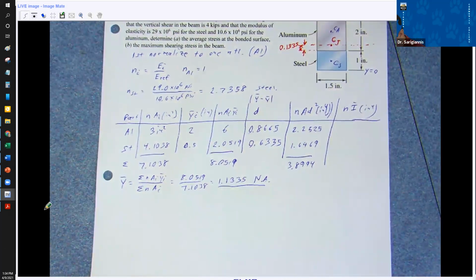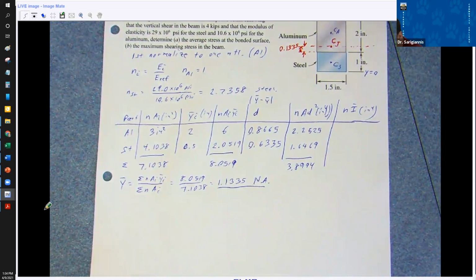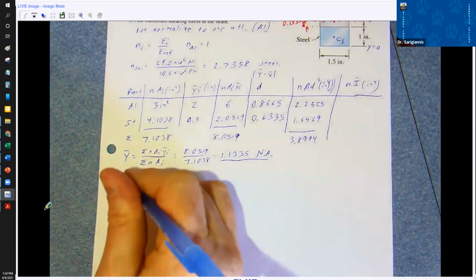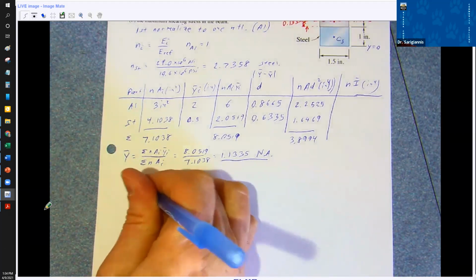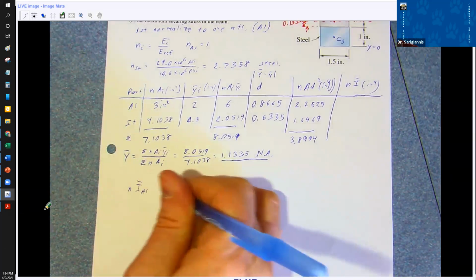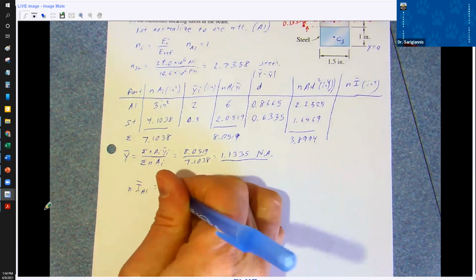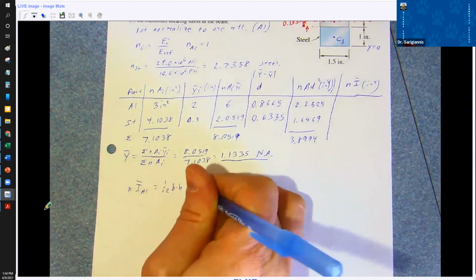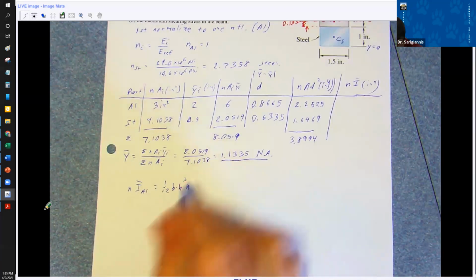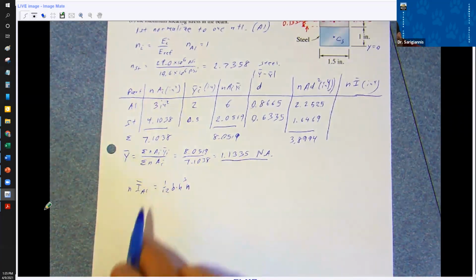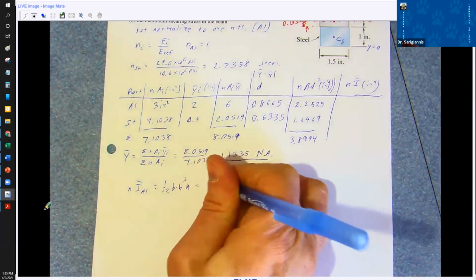So this is the moment of inertia of each one of these individual components. Let's do that down here. N I bar for aluminum is 1/12 base times height cubed times N. I should have put the N over the 12. So we've got 1/12.